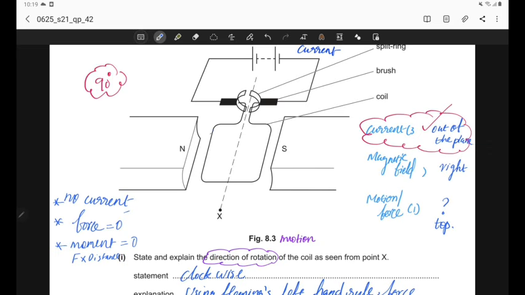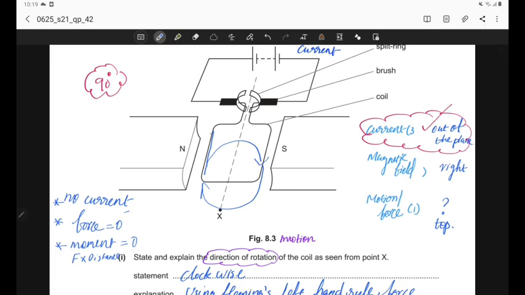So the right side of the coil will reach the left side, and likewise the left side coil will reach the other side. But still the coil will continue to move in the same way.